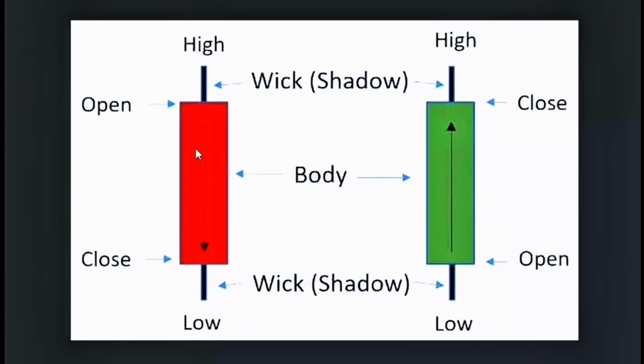So your understanding of how the market opens, goes up first and goes down in a bearish candle, and how it opens, goes down and goes up in a bullish candle is very important for you to understand this particular strategy that I'm about to explain. So let's get down to the chart and I will show you how to trade this particular strategy.